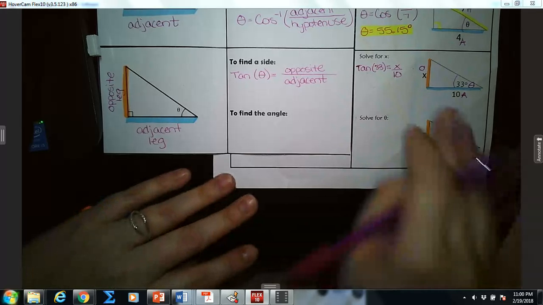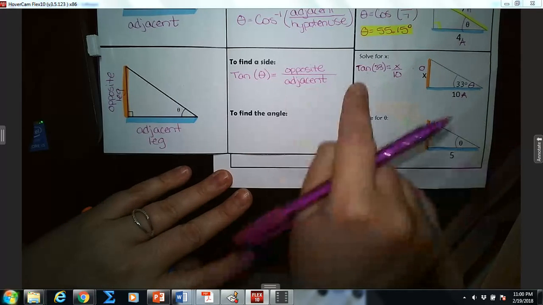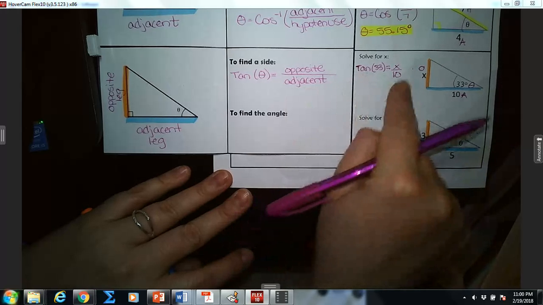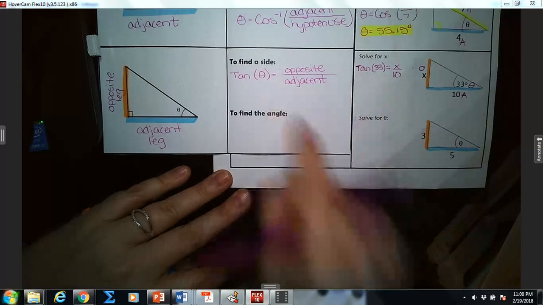Okay, so we've recognized opposite and adjacent, which made us choose tangent. We've plugged everything into the right spot, and now we're going to solve.